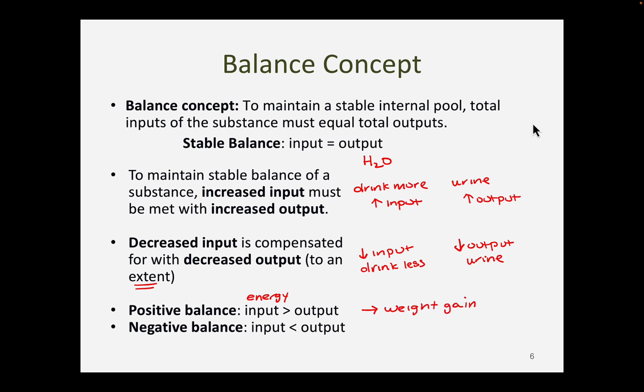That extra energy is going to be stored on the body. In negative balance, our inputs are less than our output. So that would be I'm eating less than I'm burning, and the body's going to compensate by stealing extra energy from my stores. And that's going to lead to weight loss.